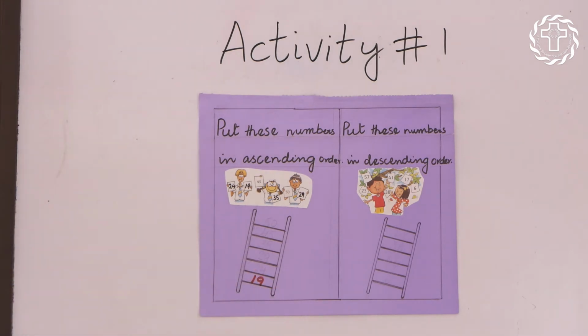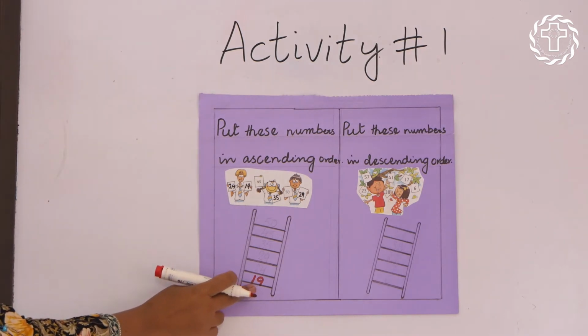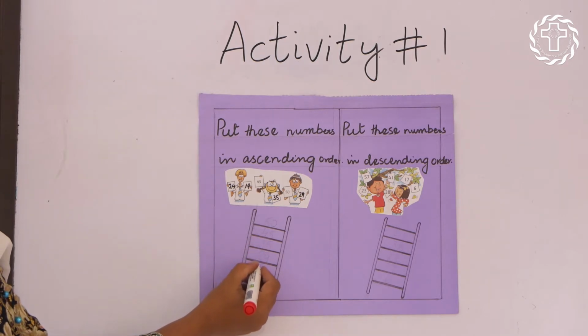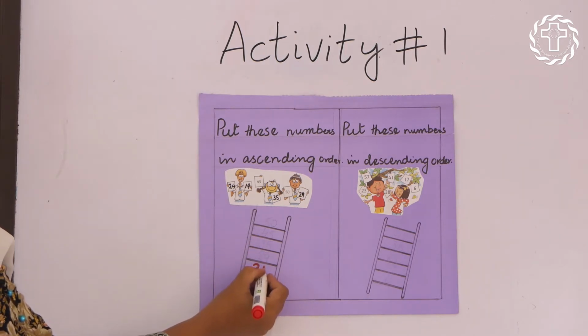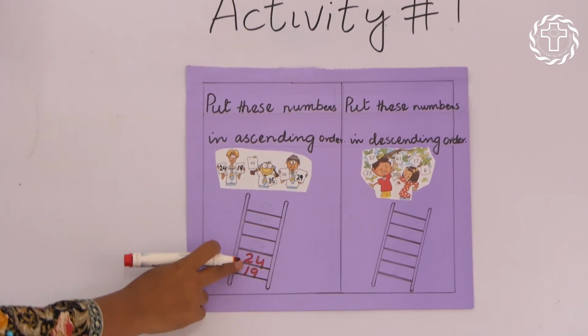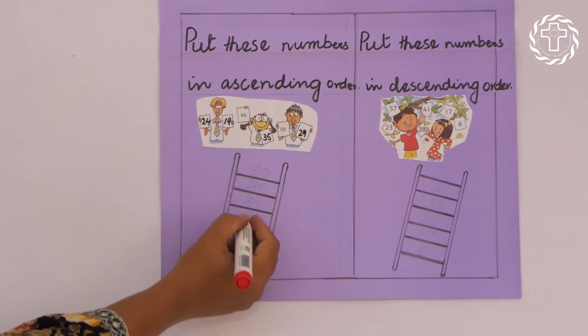Now tell me, students, which is the bigger number from 19? 24. Which is the bigger number from 24? 29.